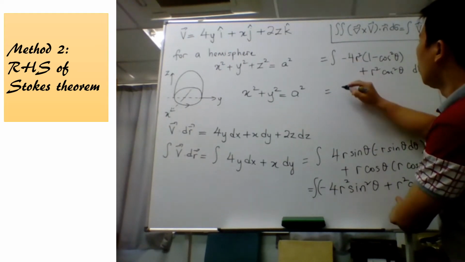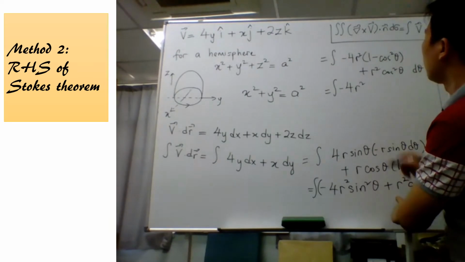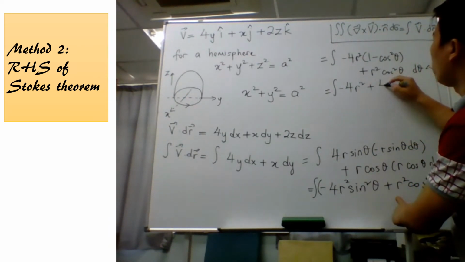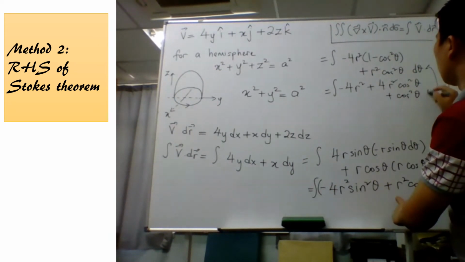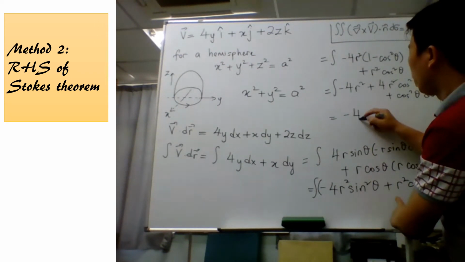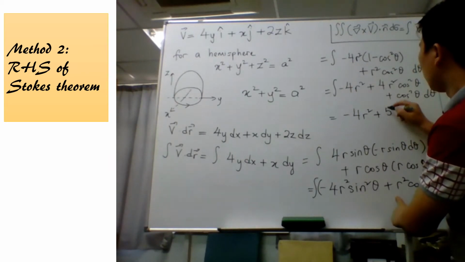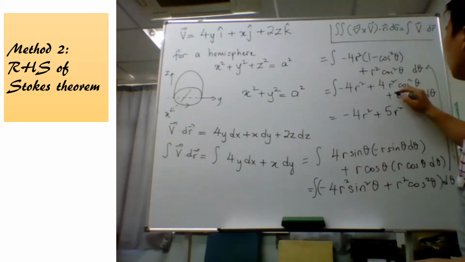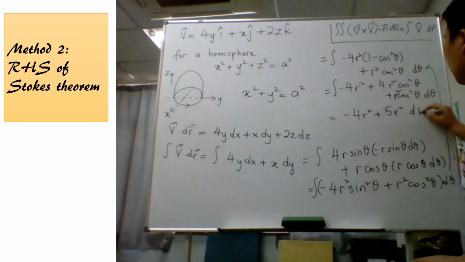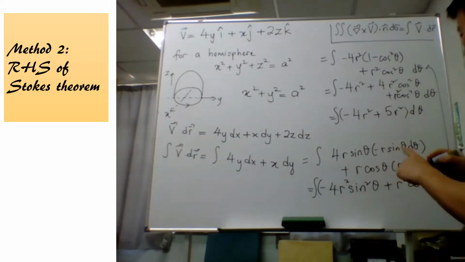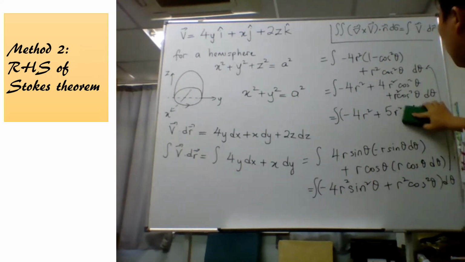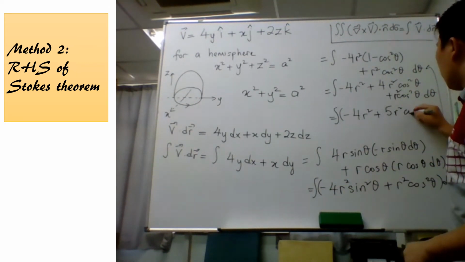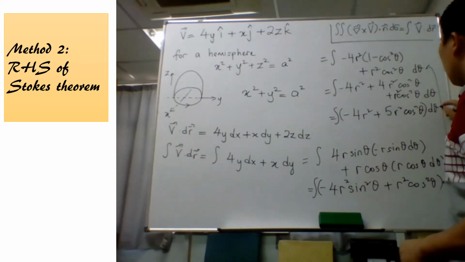This is minus 4r squared plus 4r squared cos squared theta plus r squared cos squared theta d theta, and this is now negative 4r squared plus 5r squared cos squared theta d theta.